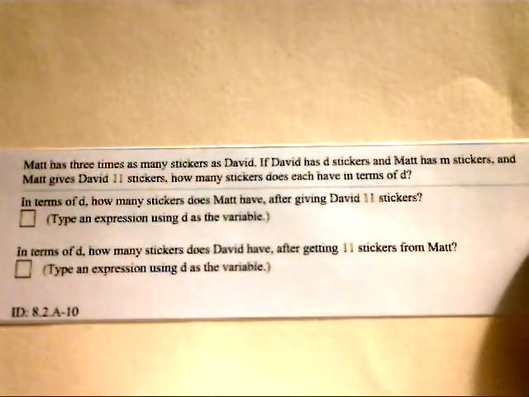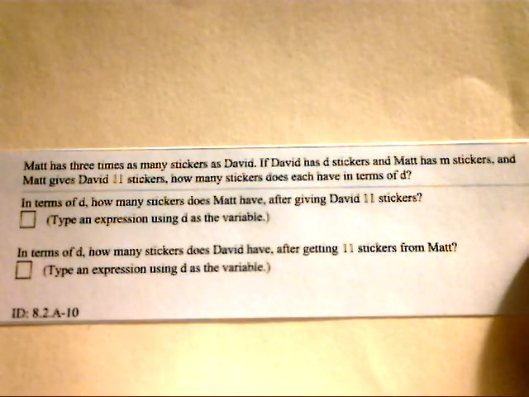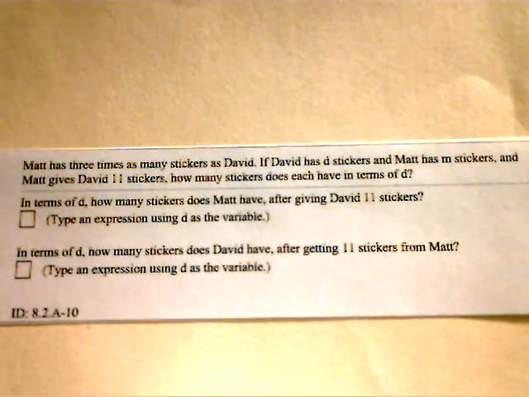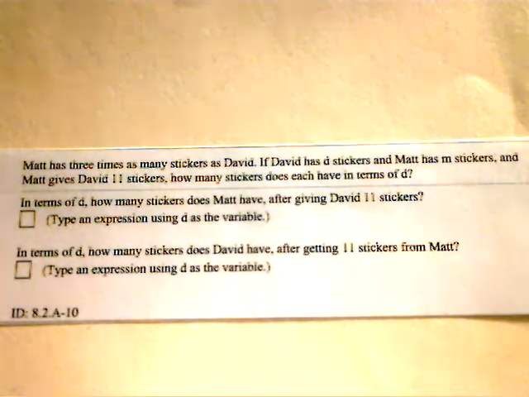And finally, number 6. Matt has 3 times as many stickers as David. If David has D stickers and Matt has M stickers, and Matt gives David 11 stickers, how many stickers does each have in terms of D? Okay, so in terms of D, how many stickers does Matt have after giving David 11 stickers?